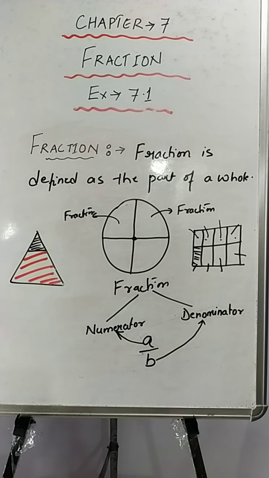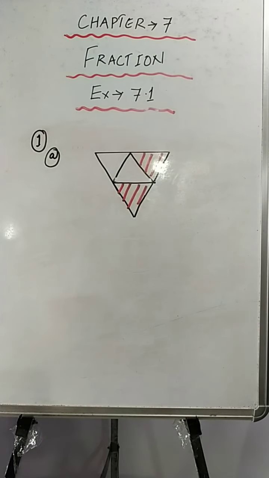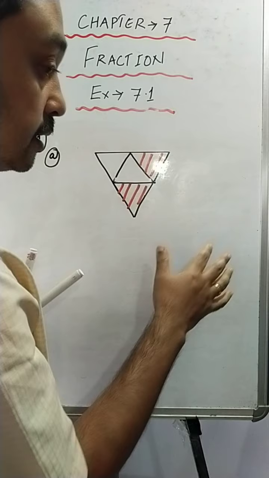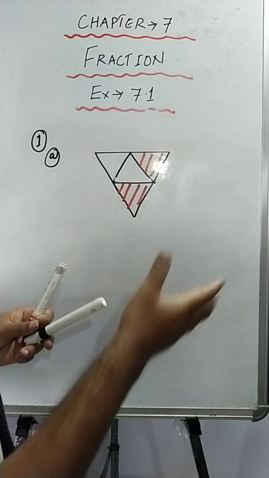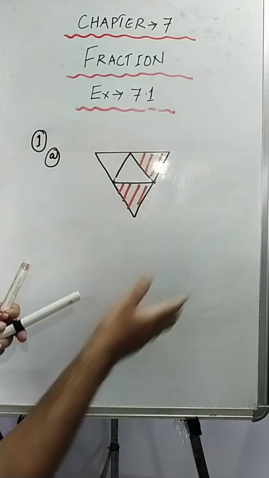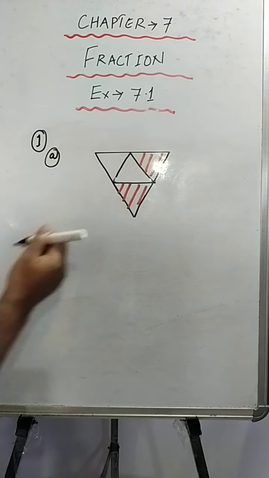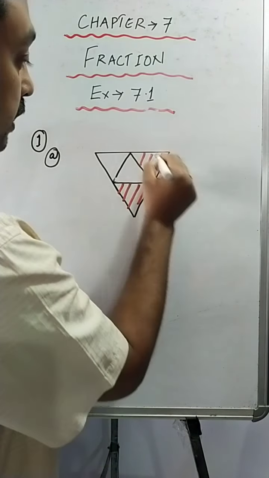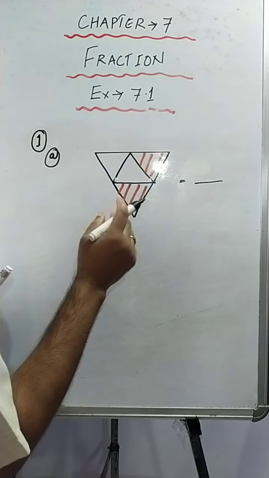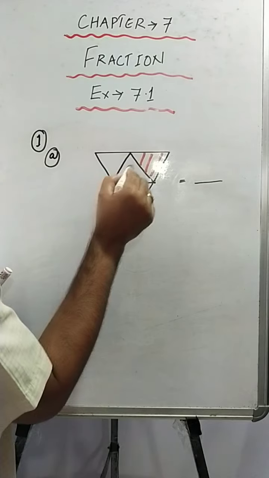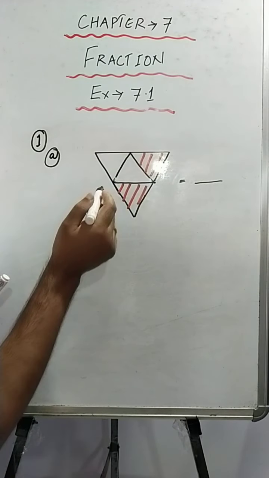Now let's move on to exercise number 7.1. In question number 1, there are some figures and you have to write the fractional form of all the figures given. What is the fractional form of this particular figure? The first thing to look out for is into how many parts this entire figure has been divided.